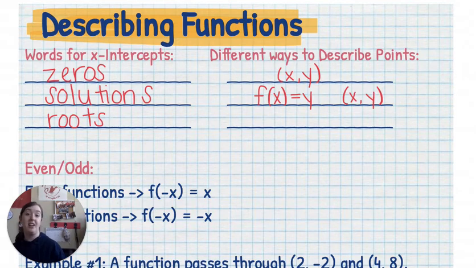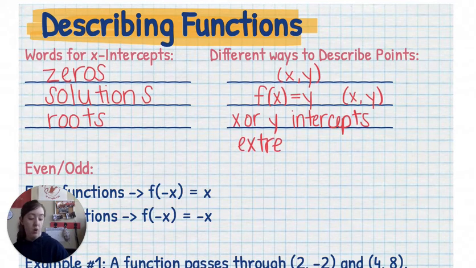So that's how we get that coordinate, x y. We'll also have very specific points when we talk about x or y intercepts. We might also mention an extreme. Maybe there's an absolute max, absolute min, something like that.